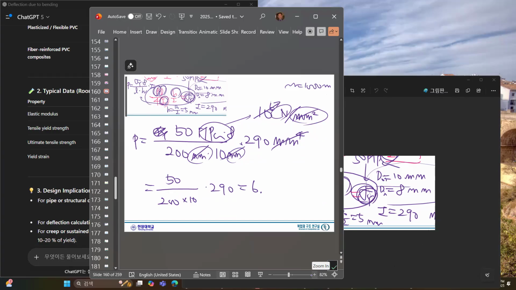I'm sorry, there was an 8 there. 8 is missing here. Okay, 8 comes from here. Is it about 5 Newton? I mean 50 Newton? Well, let's calculate.